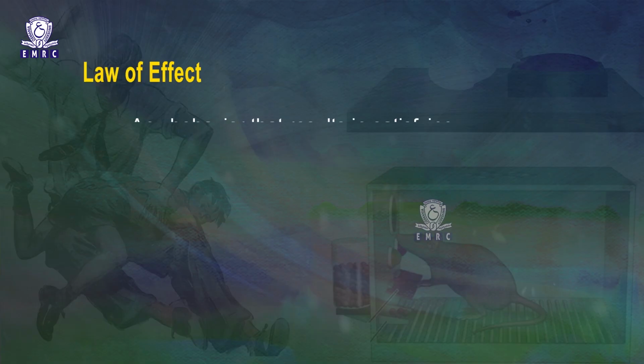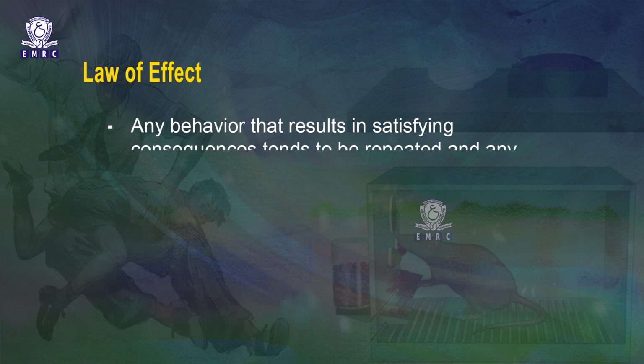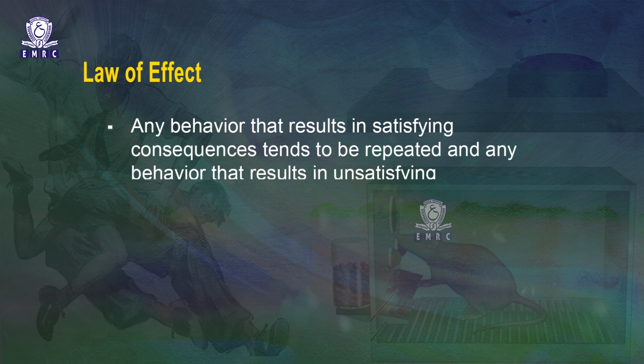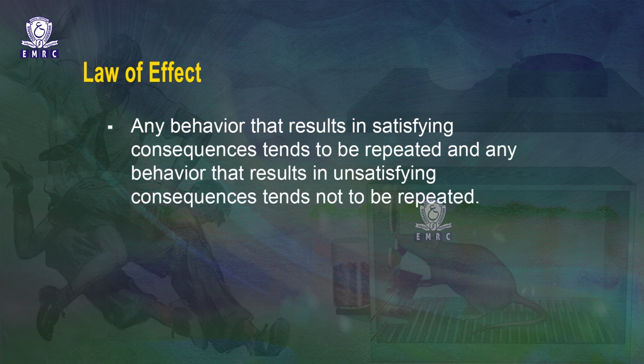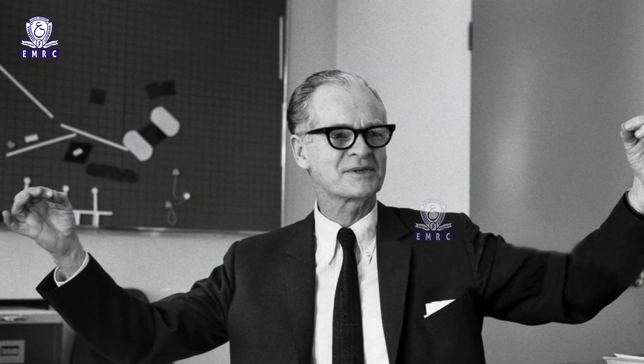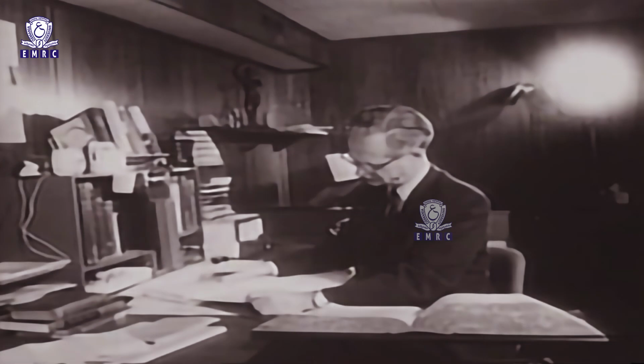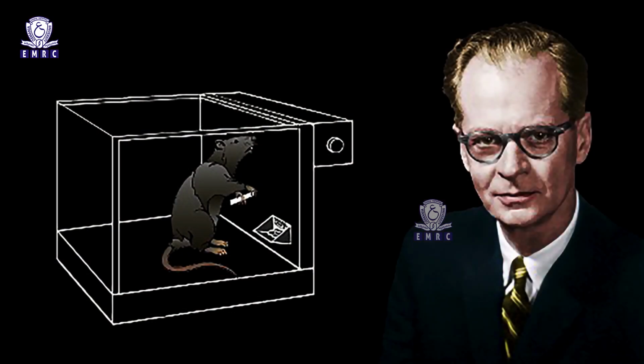That is, any behavior that results in satisfying consequences tends to be repeated, and any behavior that results in unsatisfying consequences tends not to be repeated. In the 1930s, B.F. Skinner, the most influential of all behaviorists, redefined the law in more objective terms and started the scientific examination of how we learn through operant conditioning.